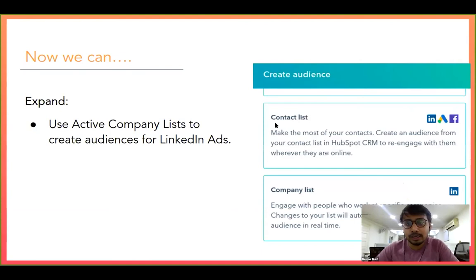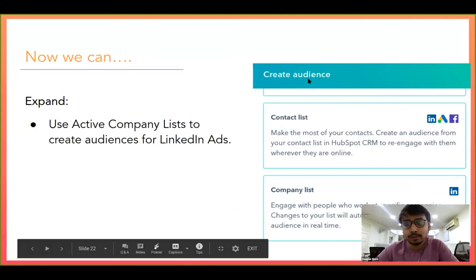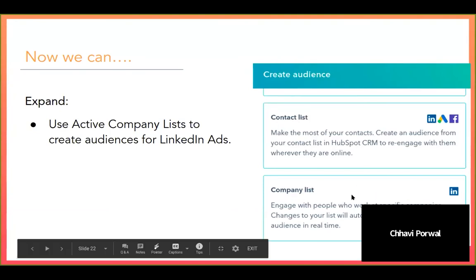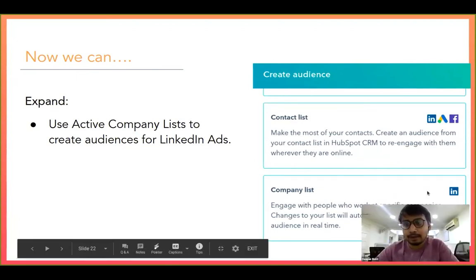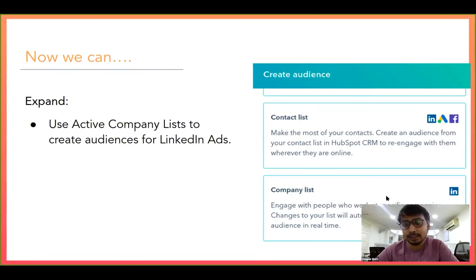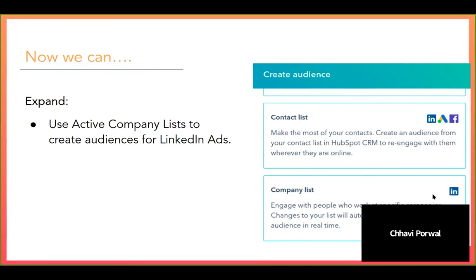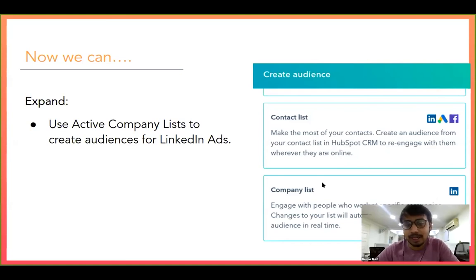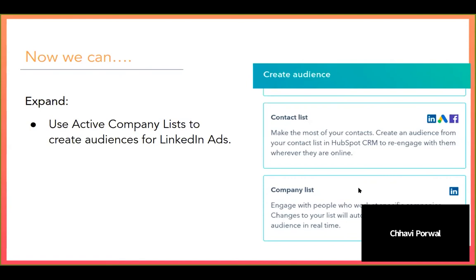So in your ads tool, you see the create audience option. In that option, there is a new option added, which is the company list that you are seeing here right now, and you can just plug this list into your LinkedIn ad account and then just run ads. And if any new company gets added to this list, they will also start getting targeted with your ads.